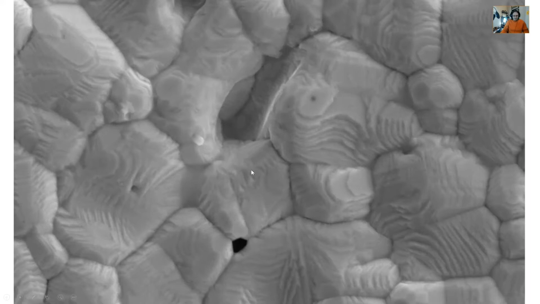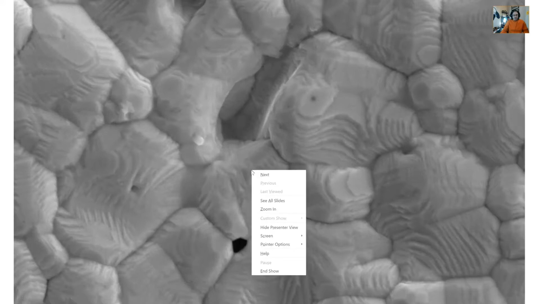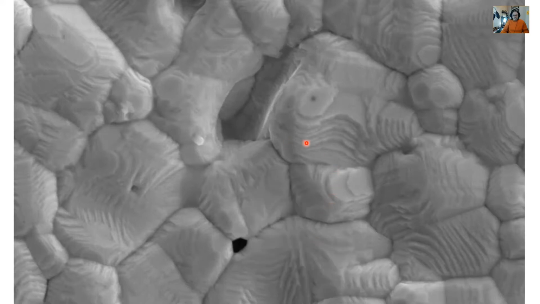One of the features that really jumps out at me, and let me laser pointer it up here, is these facets. And these facets are indicative of solid state grain growth. And so we know that there were some growth fronts that occurred.